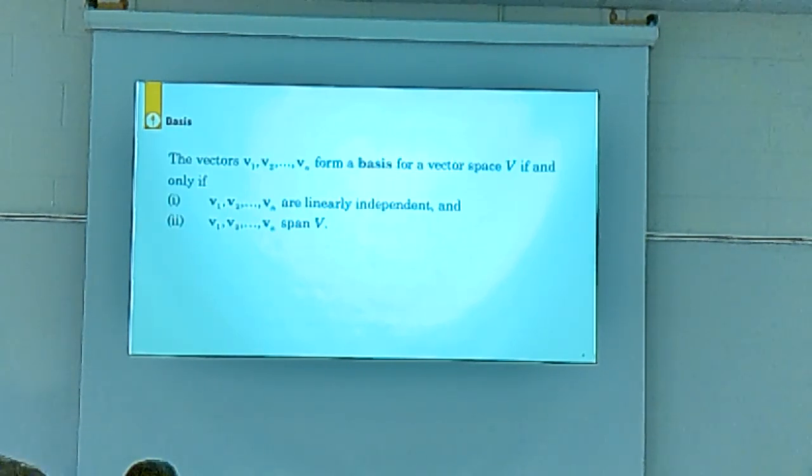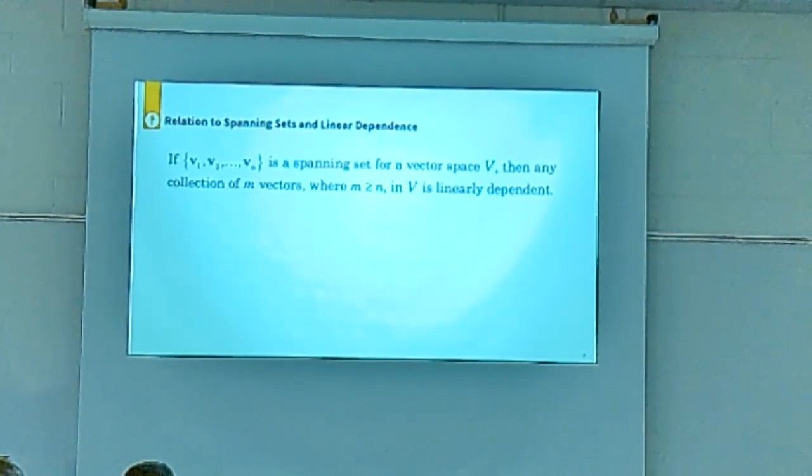So relations between spanning sets and linear dependence, we're going to look at some relations. If v1, v2, ..., vn is a spanning set for a vector space V, then any m vectors where m is greater than n is linearly dependent.